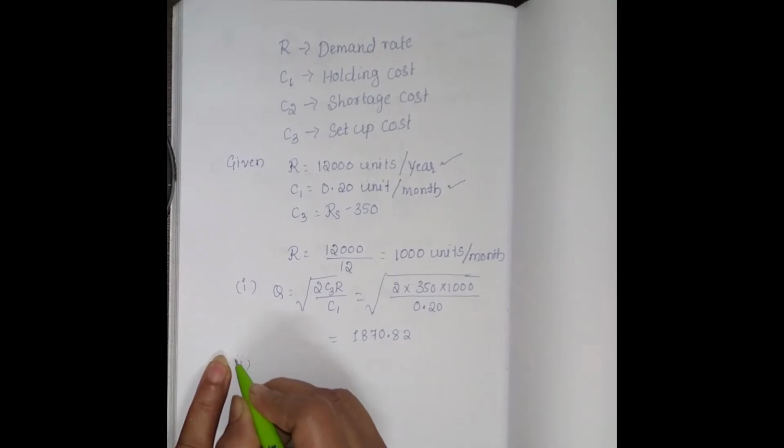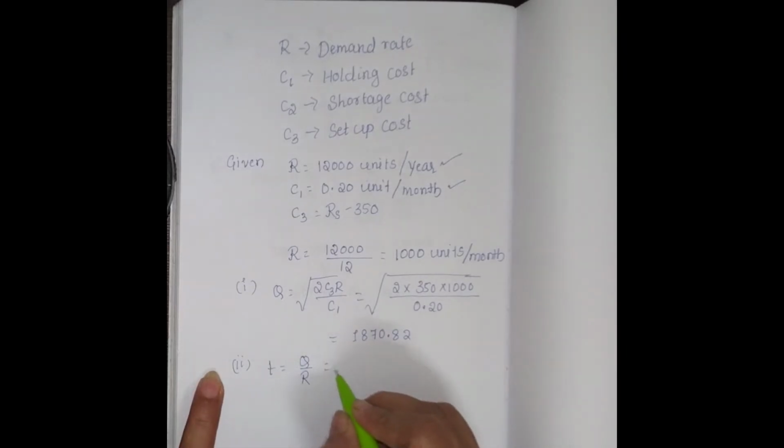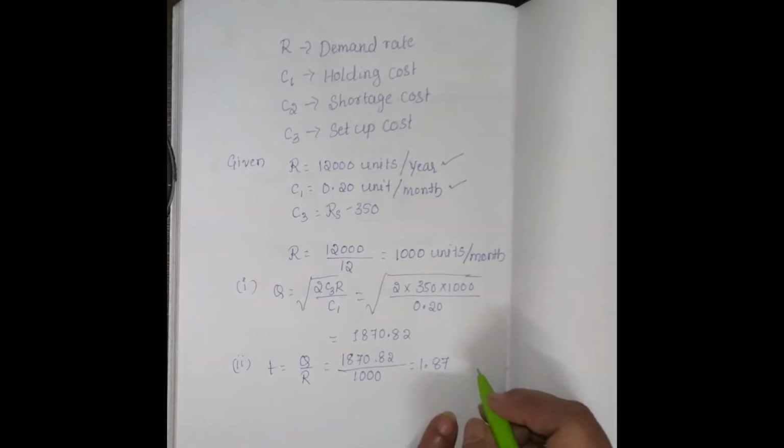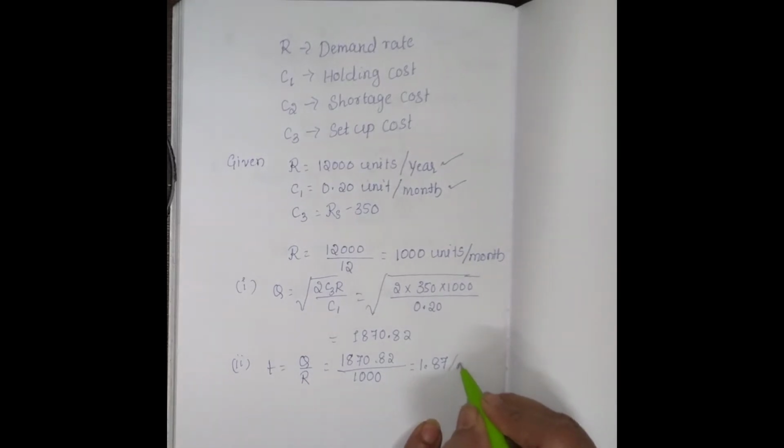What is the second one? The second one is T is equal to Q divided by R. That is 1870.82 divided by 1000. Then the answer is 1.87 per month. The 1.87 per month it is.